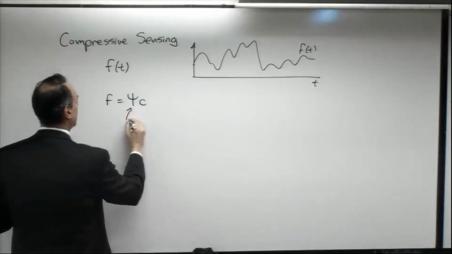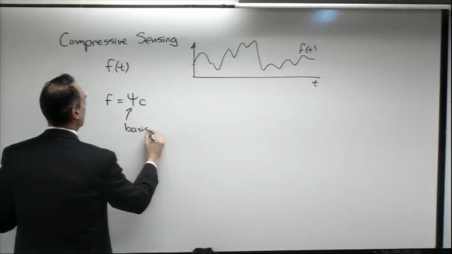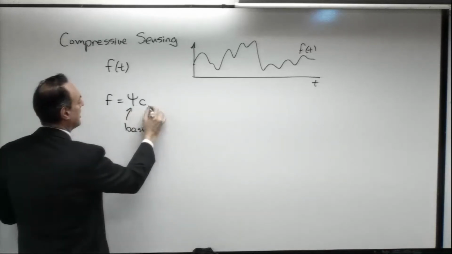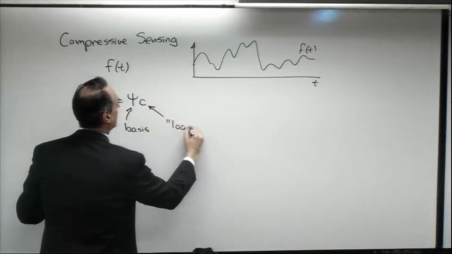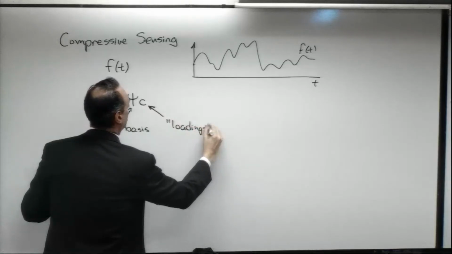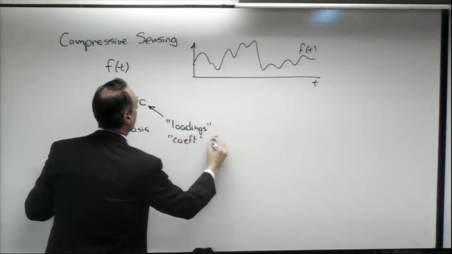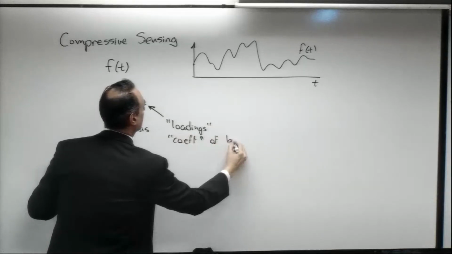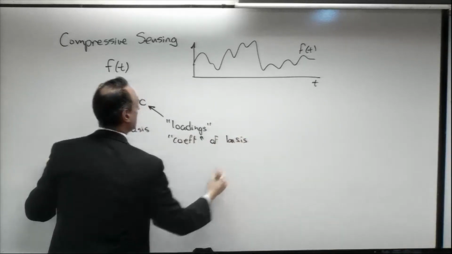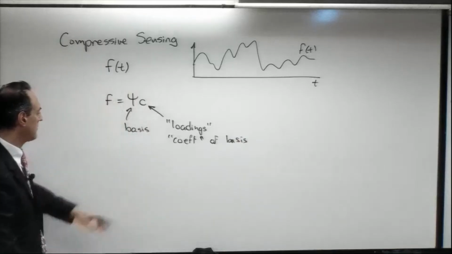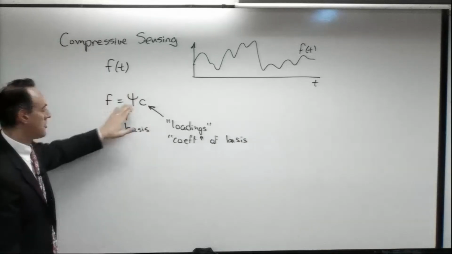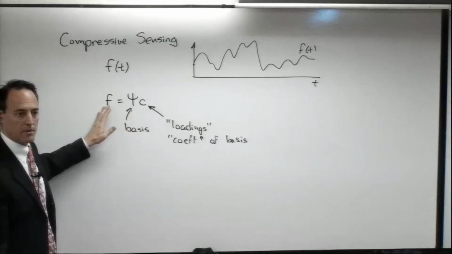So these are my bases. And what c is, is the loadings or coefficients of the basis elements. Does that make sense? So there's a basis I want to put this in to represent the signal.